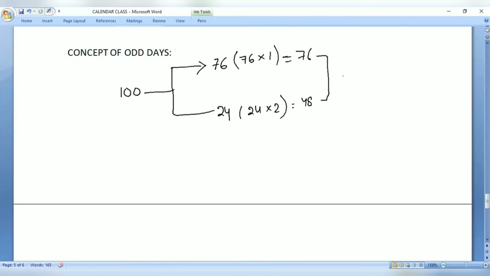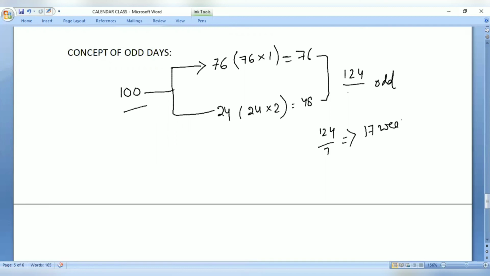Now, if you add them, 76 and 48, we get 124. So 124 odd days will be there for every 100 years. If you want to simplify this further, 124 divided by 7: 7 ones are 7, 7 sevens are 49.